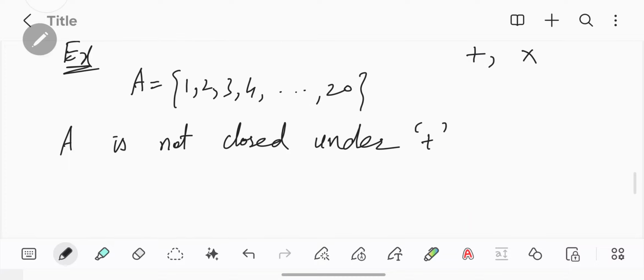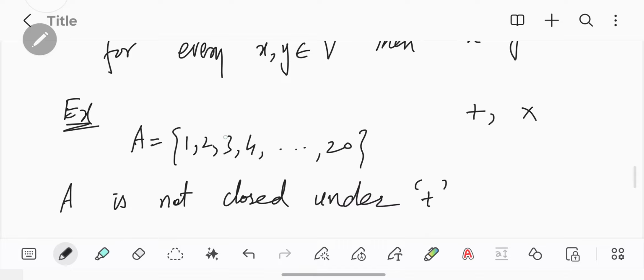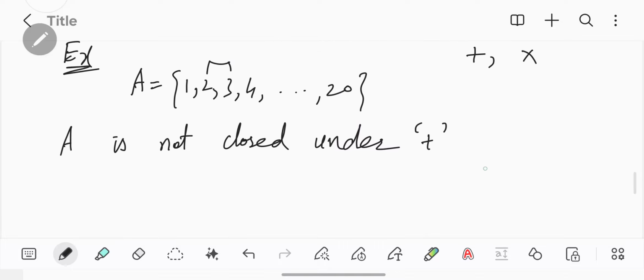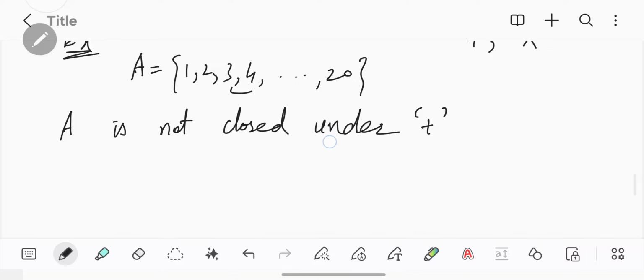Because if you add 2 and 3 you will get 5, and this 5 is inside this set. If you add 3 and 4 you will get 7, right? And 7 is also in this set. Does this property hold for all elements of A?